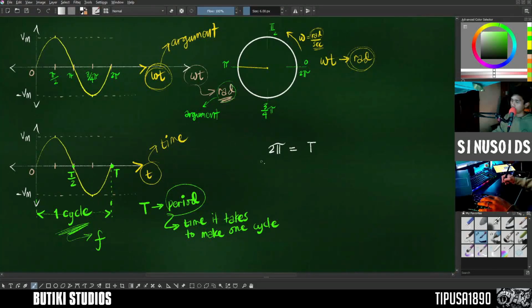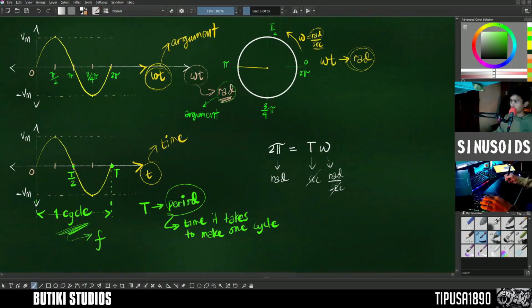So if we equate the units, 2 pi is in radians, while this is time, in seconds. So we multiply it by omega, because our omega is in radians per second.